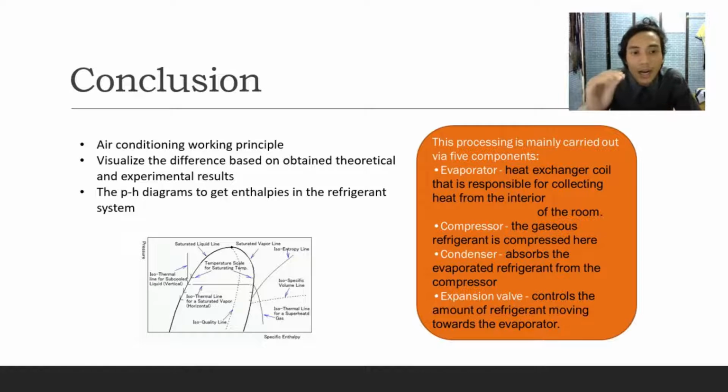We also learned how to use a pH diagram to get enthalpies in the refrigerant system, so that the process of how the air conditioning system works can be studied in detail throughout this experiment.